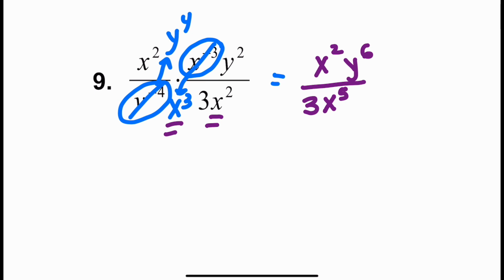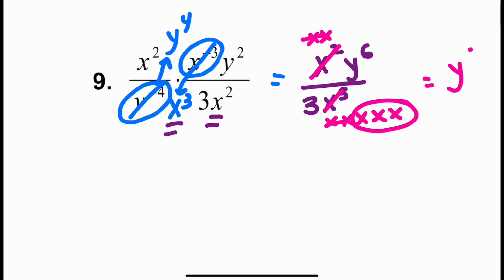The only thing that it looks like I could still simplify is the 2 x's in the numerator and 5 in the denominator. 2 of them are going to cancel, and then we're going to have 3 left in the denominator. So our answer is going to look like y to the 6th divided by 3x to the 3rd.